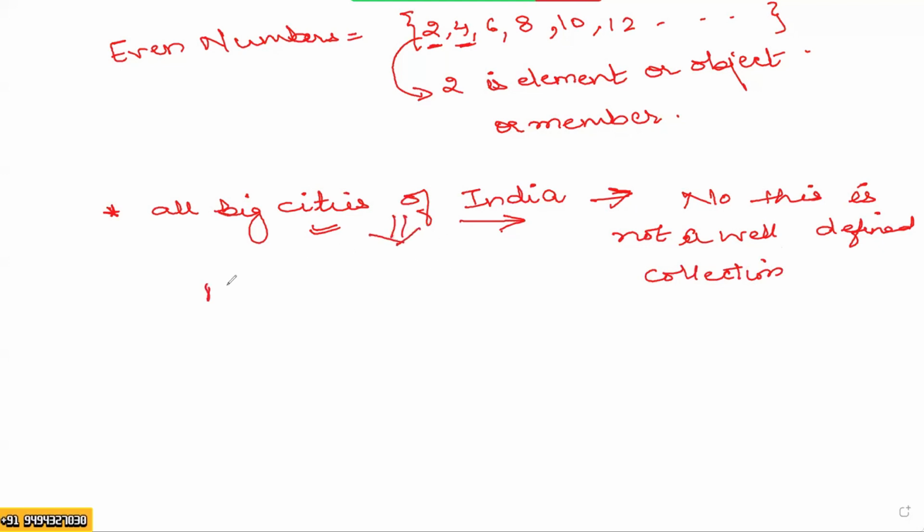Suppose if I'm writing here Faridabad, or any city, you can write Ambala, or any other one, Mumbai. If I'm stating the name of that particular city, then it will be a well-defined collection of the set, a well-defined collection of objects. Is it clear?